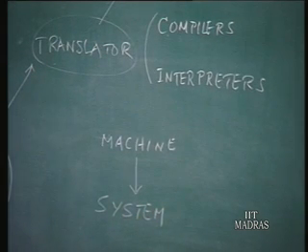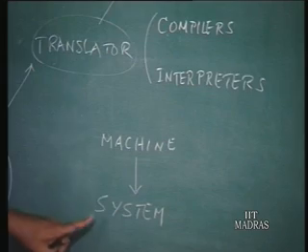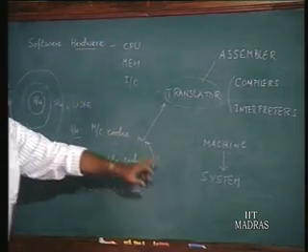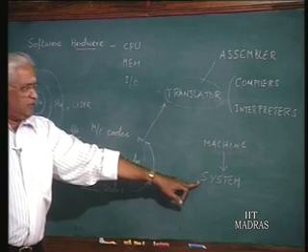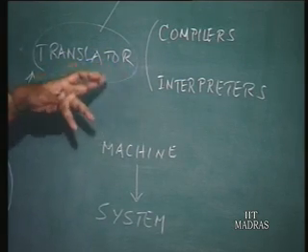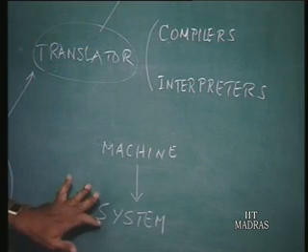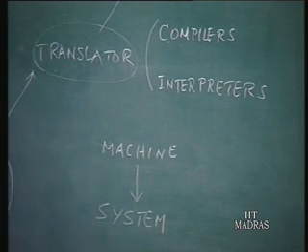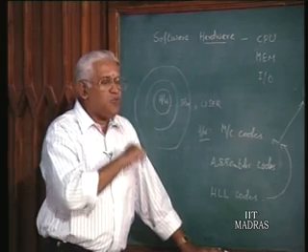Now, the system not only includes the basic core of CPU, memory, IO hardware, but also these translators, which are part and parcel of the entire system. Agreed? Fine.